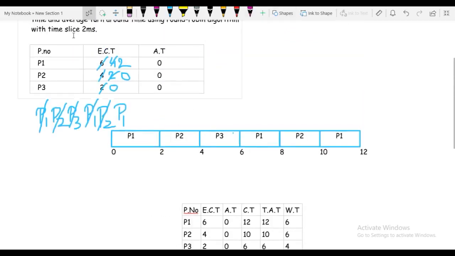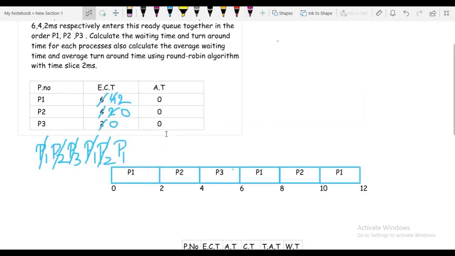Hope you understand it. But before ending the lecture, I would like to say one important thing. If the estimated completion time of P1 was given as 3 units, then how would we have done this? First we'll run P1 for 2 units because the time slice is 2.